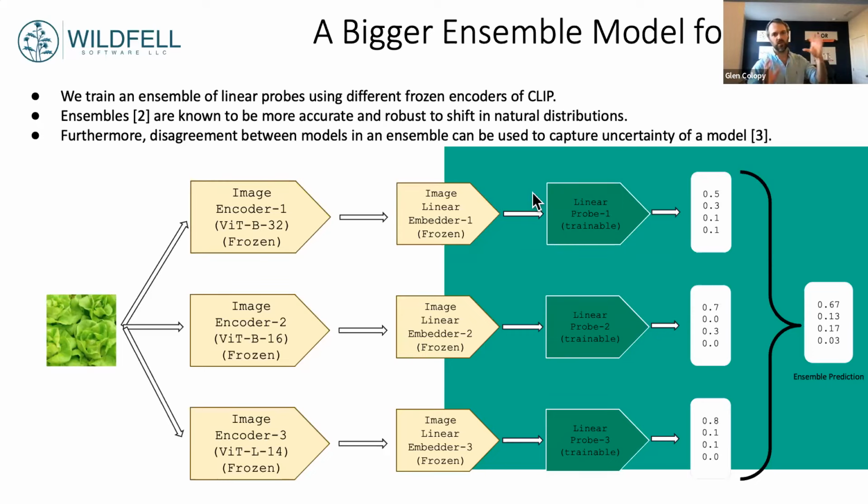This might be a big clunky model, but since it's in an R&D setting, it doesn't matter. You're not worried about the speed or how much compute it takes. So you can take multiple of these encoders, each one gets a linear probe, and then you ensemble the predictions from the linear probes into a single ensemble solution.